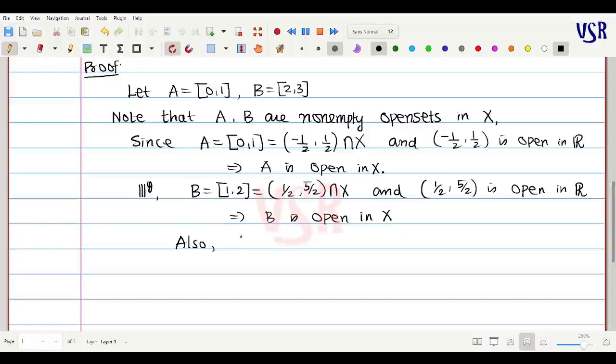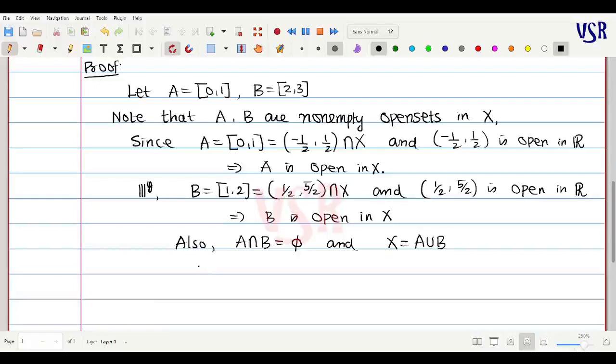And also A intersection B is equal to empty. கரெக்டா, ஏன்னா இது ரெண்டும் intersection empty, and capital X is equal to A union B. இது ரெண்டுக்கு union எடுத்தோம்னா capital X கிடைச்சிரும். Is it okay?